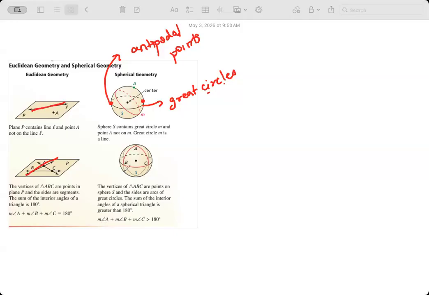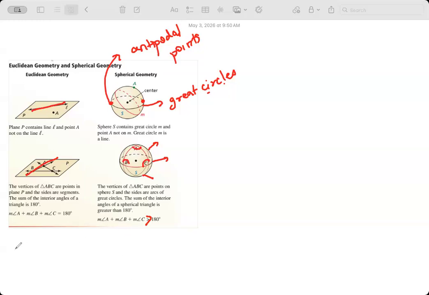One is this, second is this, third is this. Am I making sense? There are three great circles intersecting, making the red triangle inside. This is in spherical geometry. Here, angle A plus angle B plus angle C in a triangle in spherical geometry is definitely greater than 180 degrees. That's the biggest difference.